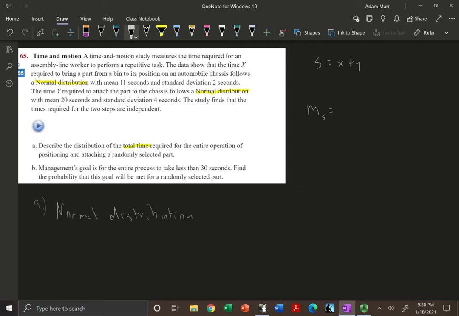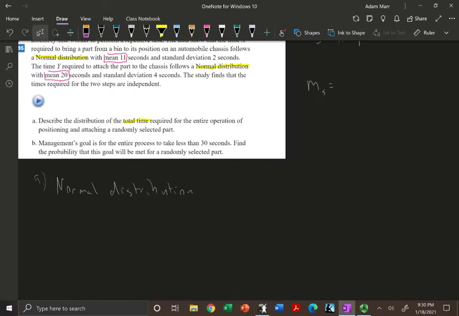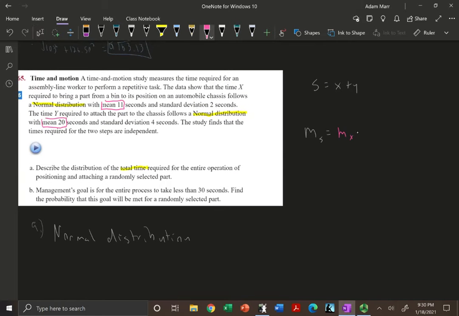That's going to be X plus Y. So it looks like the first mean is 11 for X, and for Y that second mean is going to be 20. That's mean of X plus mean of Y, which is specifically 11 plus 20. So the total mean is going to be 31. Now, the standard deviation is a little harder, but let's take a look here. So what are we going to do here?